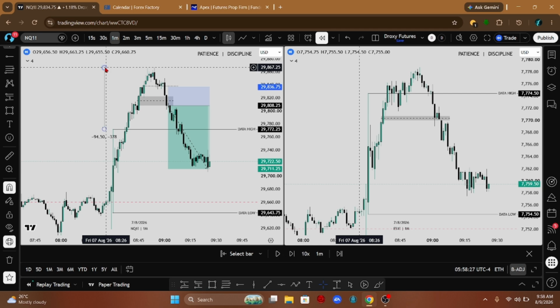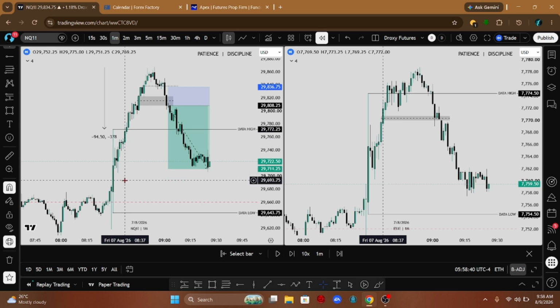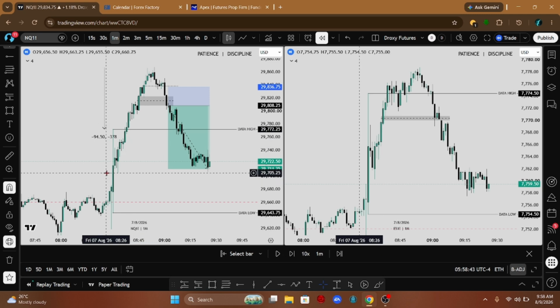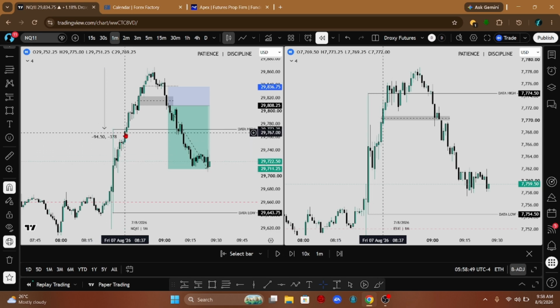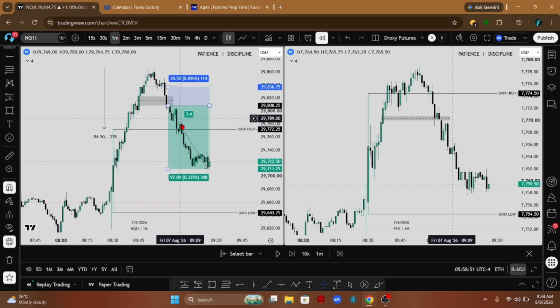It has like an 80% win rate, and it's a very good model that you can use to trade. It's not even difficult. Just mark data high, data low, and wait for one to sweep. Preferably we want the one with the shorter wick to sweep first. We didn't get that one, but we got the sweep of the longer wick, and we still had a sell. This is one of the highest probability win rate strategies.